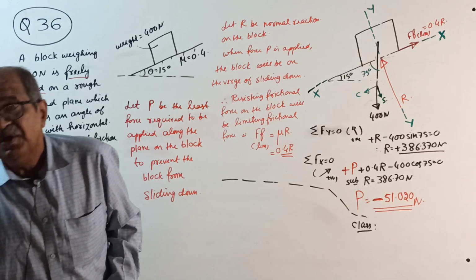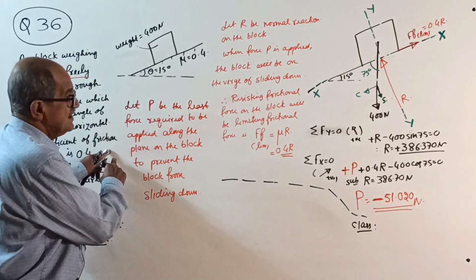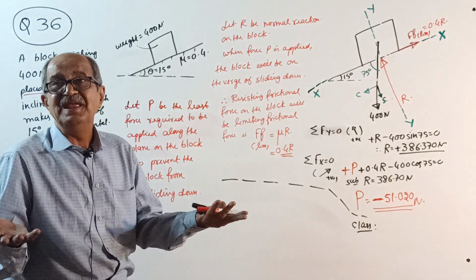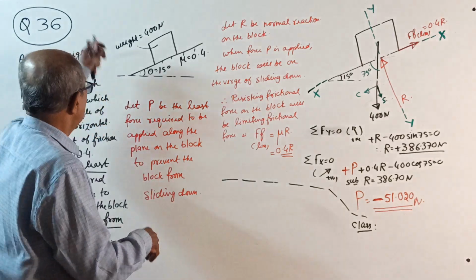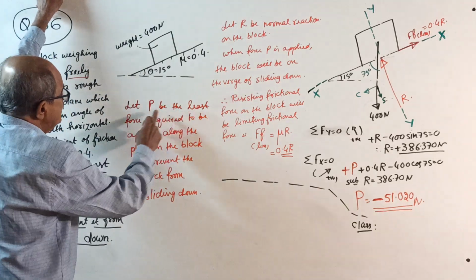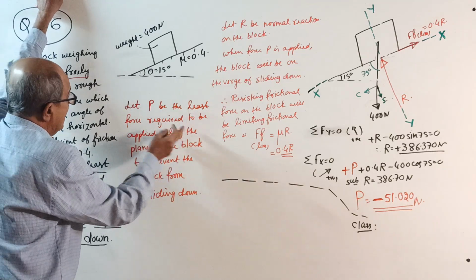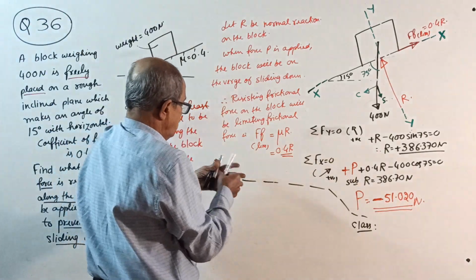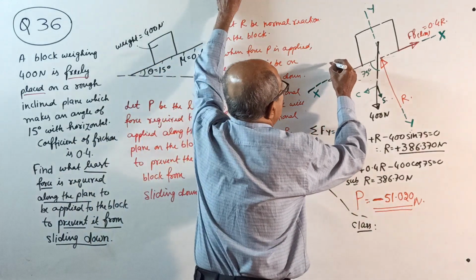But now, imagine the person who set the question, somebody else, actually me only. Start. I wrote in red color: let P be the least force required to be applied along the plane on the block.